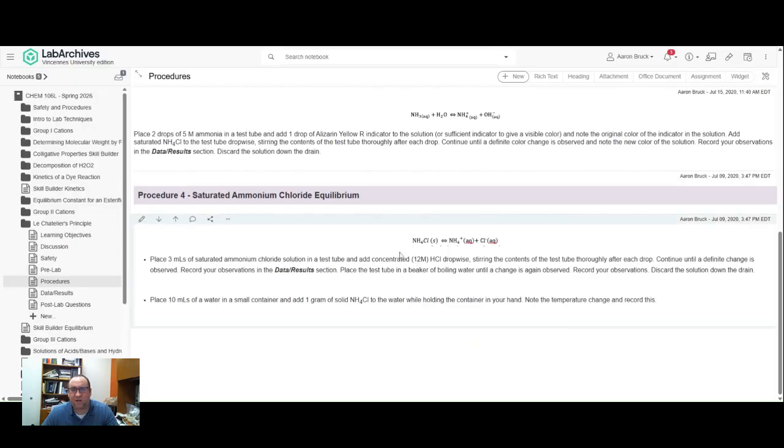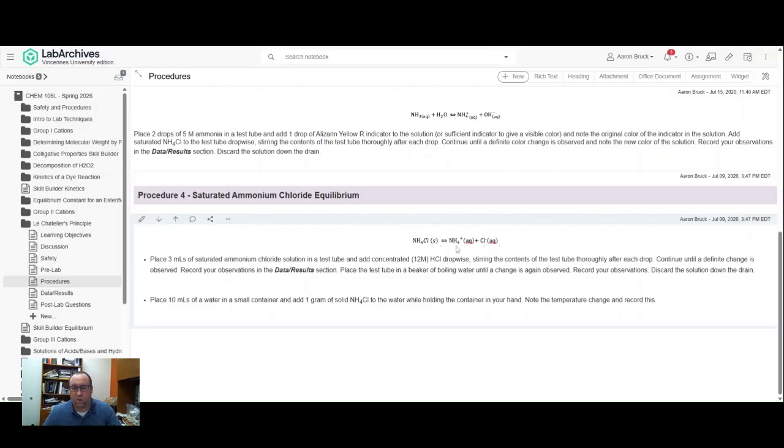And then the last one here, we are looking at saturated sodium chloride. Sodium chloride we know is pretty soluble in water, but it does have a saturation limit. And when we hit that saturation limit, this equilibrium gets established where we have this interplay between the solid dissolving into the water and going back and forth between the two states.